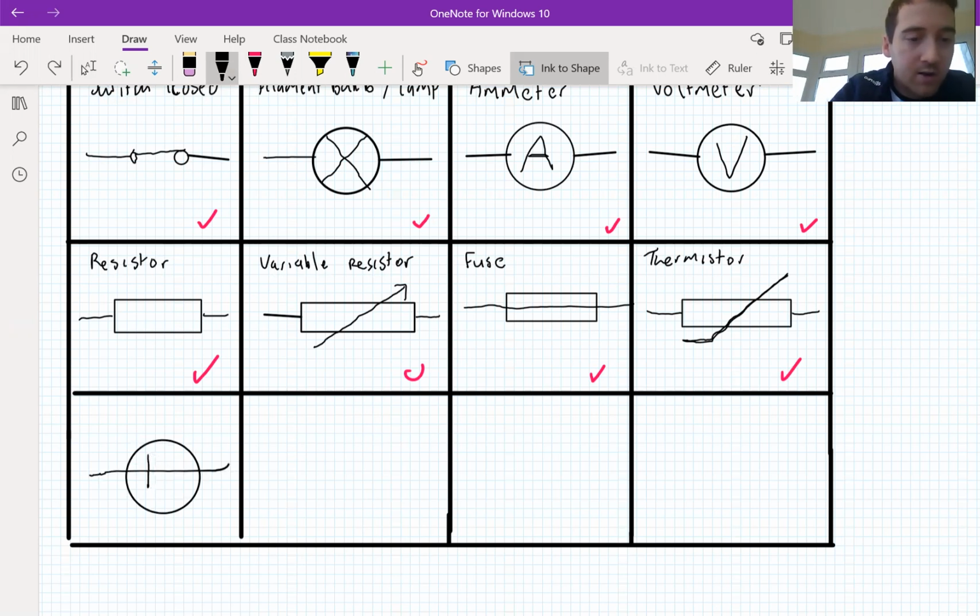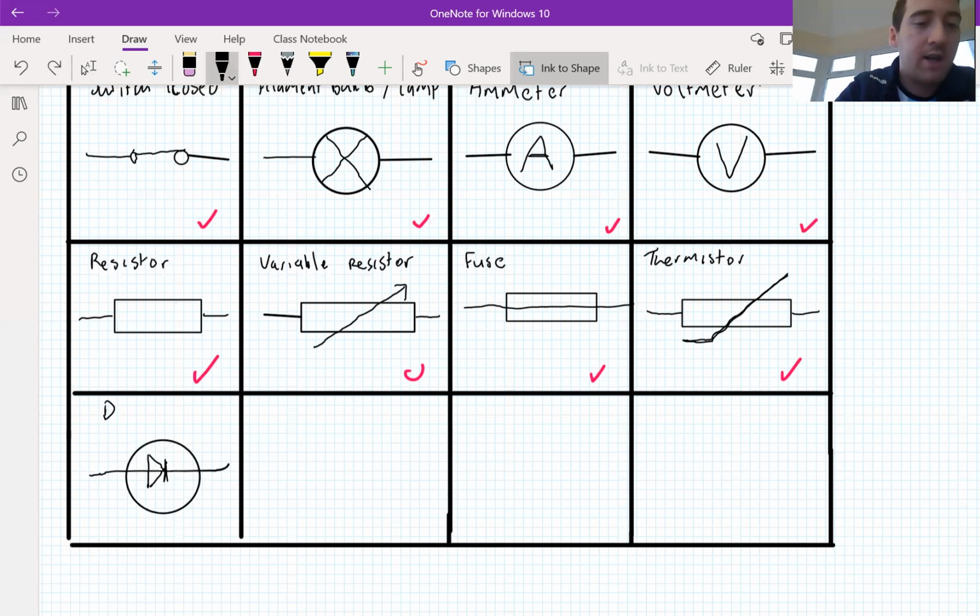Sorry, that's not a great triangle. It's a triangle which points to the right, and then there's a little line like this. So it's a circle, and inside the circle we've got an arrow that points to the right, and then there's a little line. Now, this is a diode.